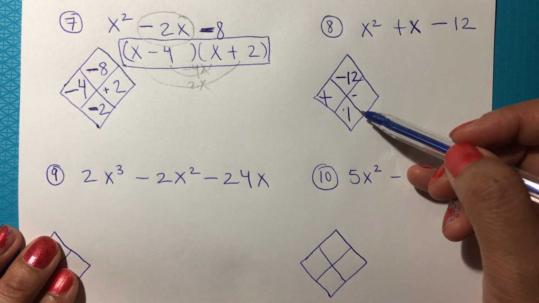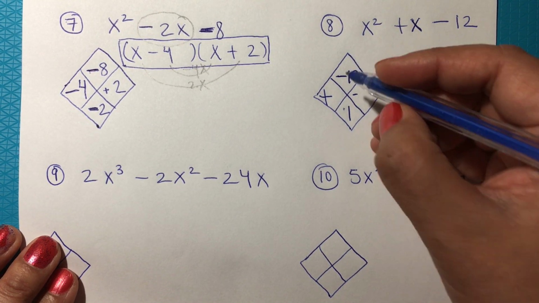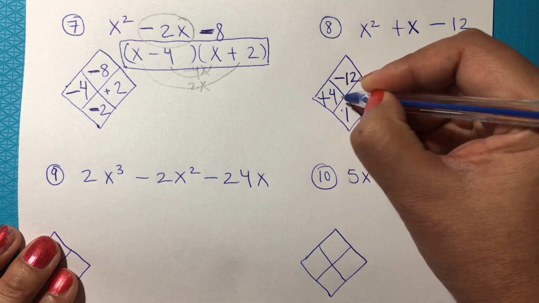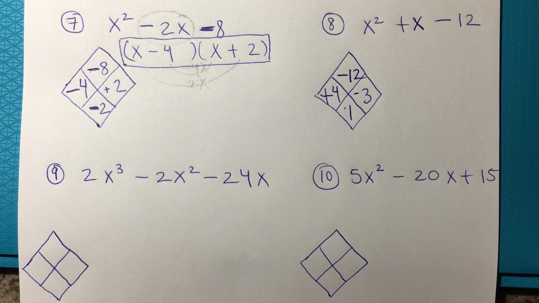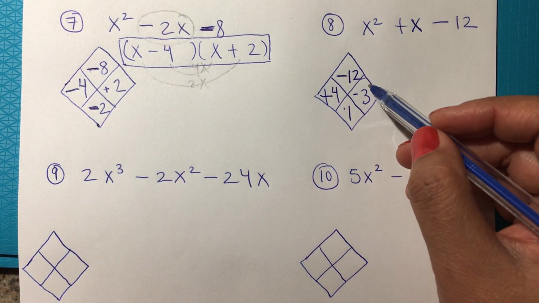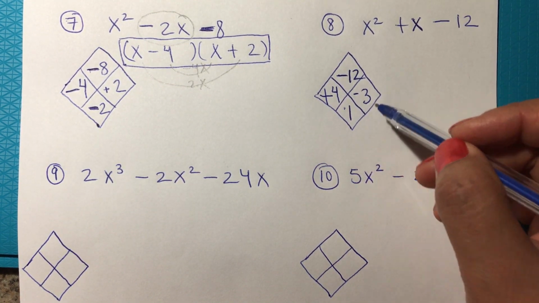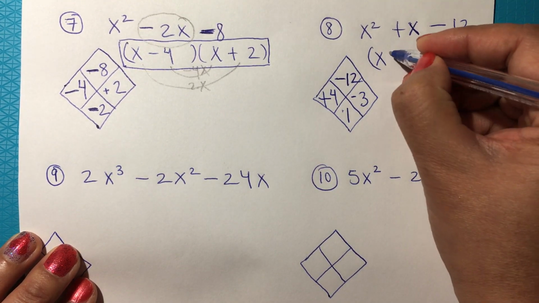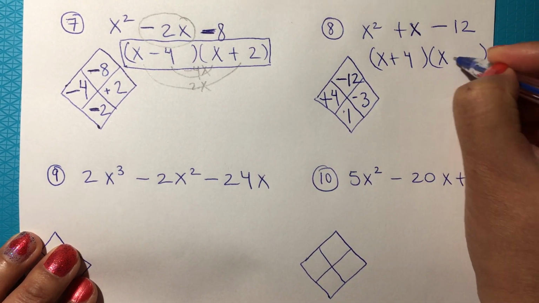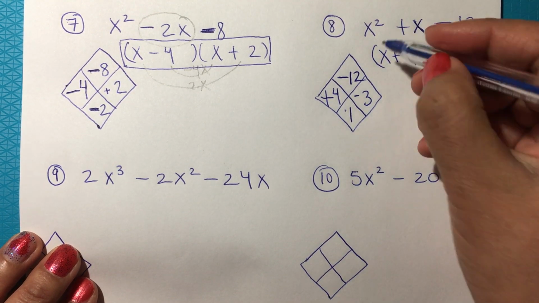Well, it's 3 times 4, but the positive goes with the biggest number. So -3 times 4 is -12. 4 minus 3 is 1.